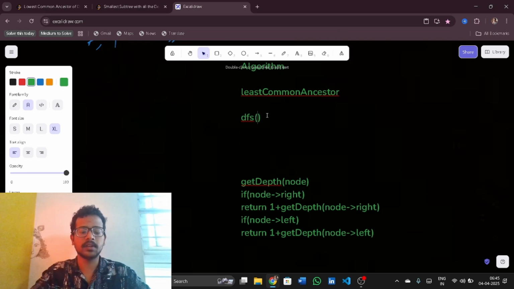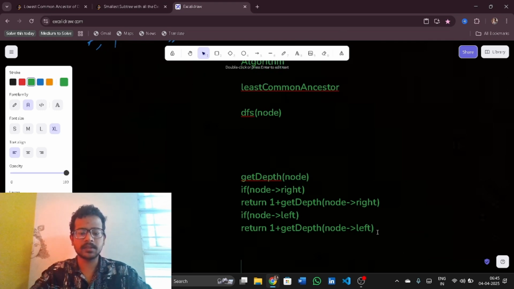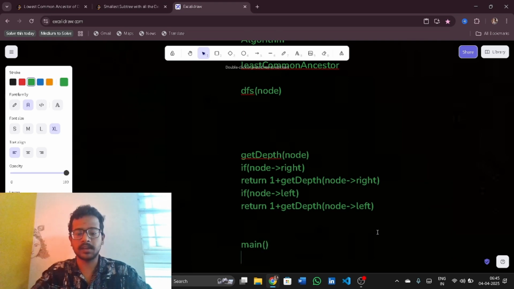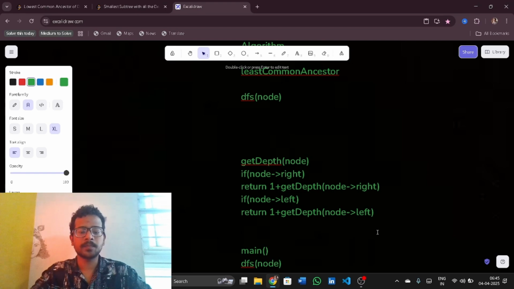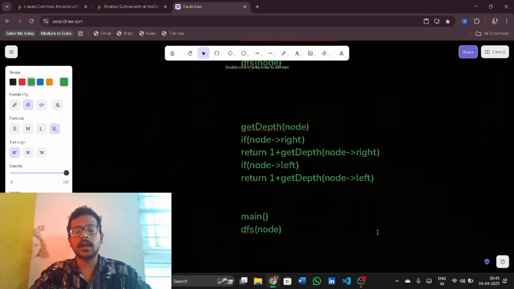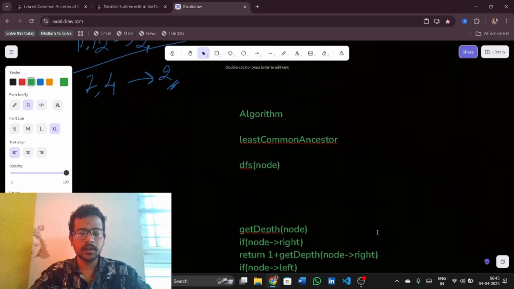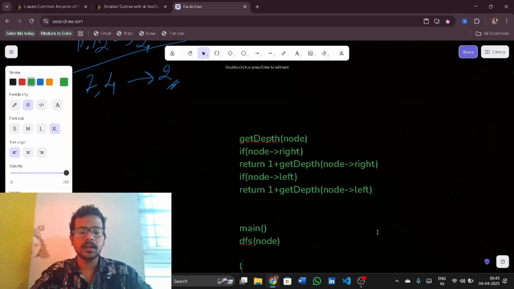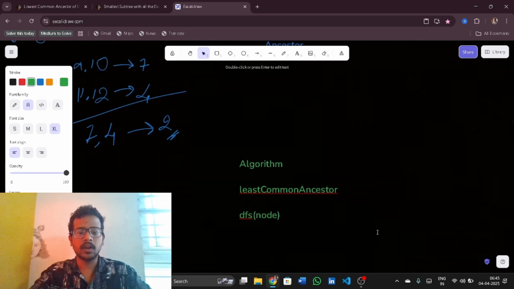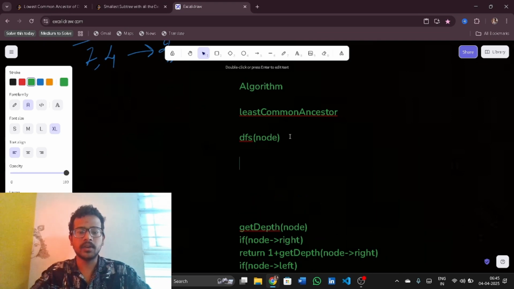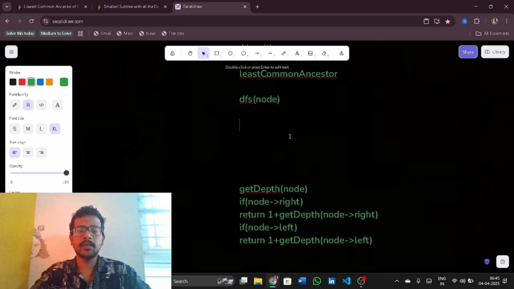First thing I will be coming with the root node, and here I will be something like the main which is given. So I would call for DFS of node. Then after performing a DFS, I will return the least common ancestor. Now what does this do? There will be left and right subtrees, right?